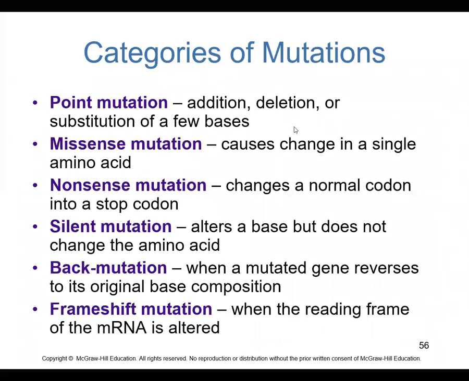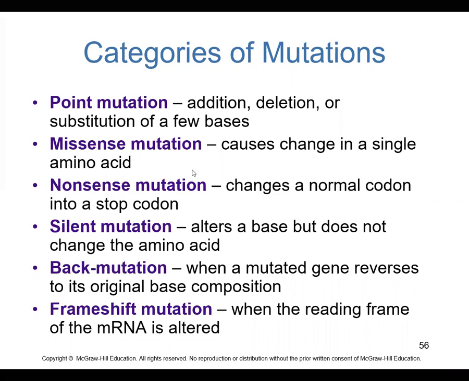All right, so most of these are going to be point mutations, okay? In other words, we're talking about a single base. We can add a base, we can delete a base, or we can even substitute, all right? We can add a new one in there, we can remove one, or we can change one.